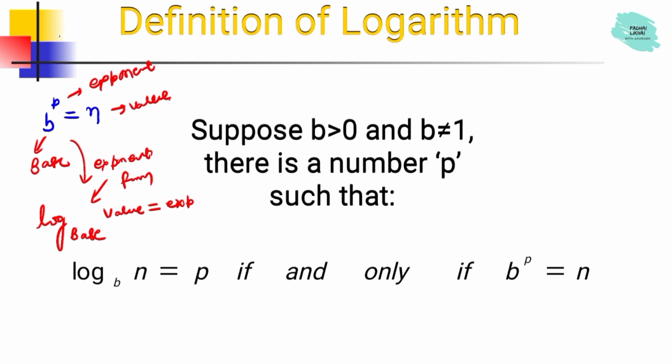So it will become in this form: in place of base you have to write b, in place of value you have to write n, and in place of exponent you have to write p.